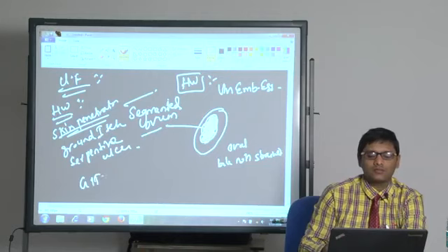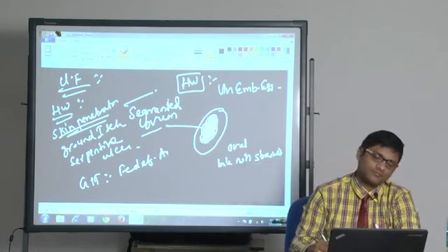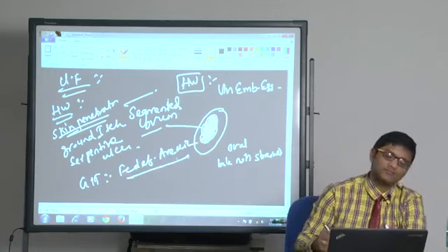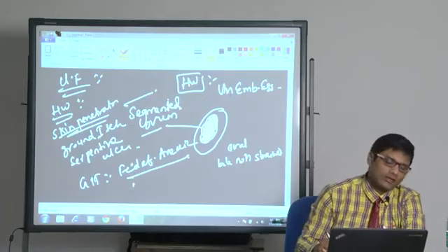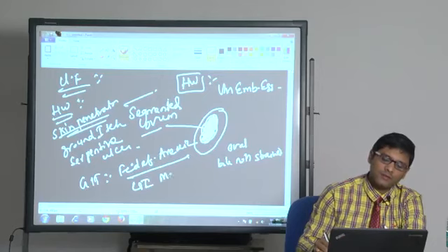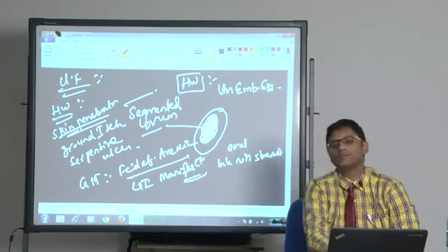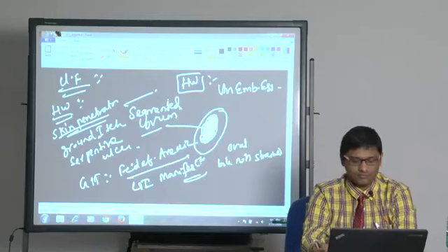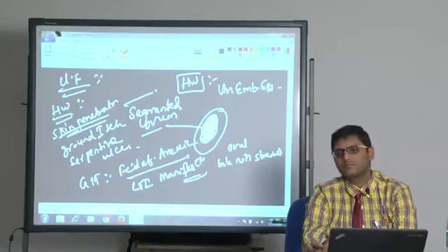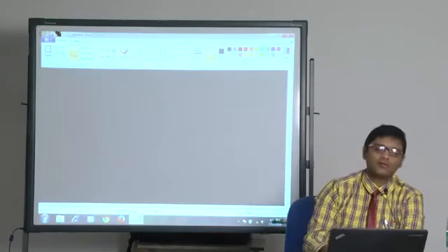Whereas in the GI tract, of course, iron deficiency anemia, because it sucks blood from the intestine, as well as other GI manifestations. Non-specific manifestations also will be there, but iron deficiency anemia is the specific manifestation. Fine. So, this is all about hookworm and strongyloidiasis.